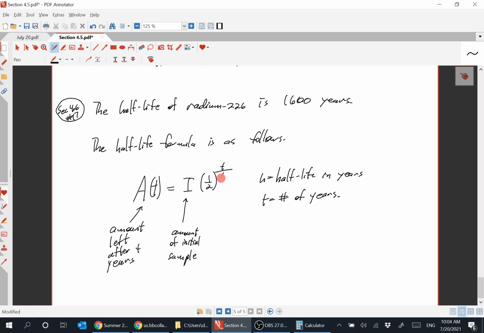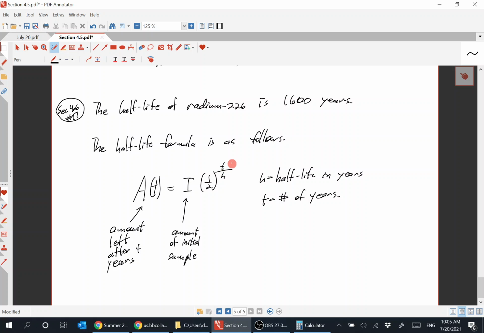So for every half-life period that you go, the initial sample is reduced by a half. If the half-life is 1,600 years, 1,600 over 1,600 is 1. Two half-life periods is 3,200 over 1,600, which is 2.